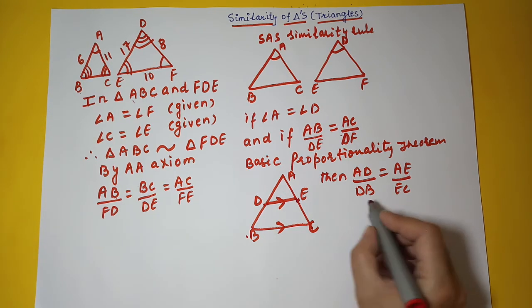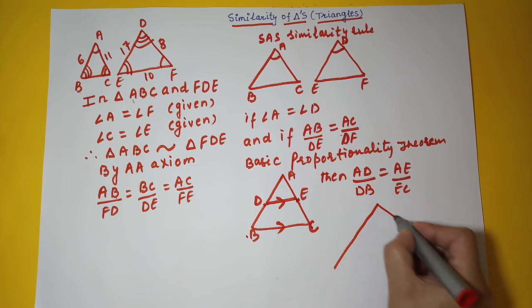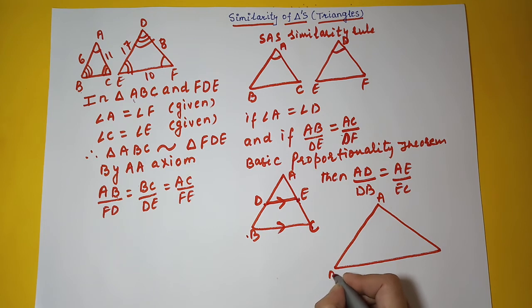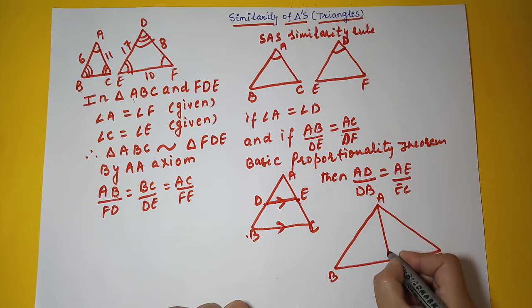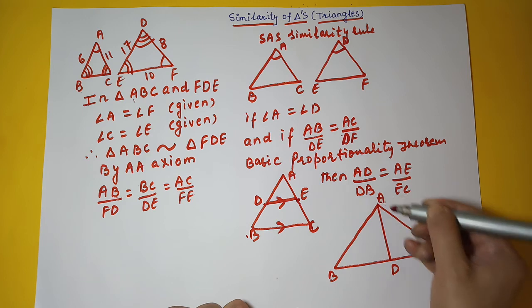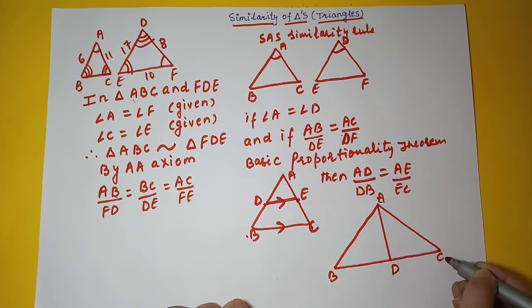Okay. Then one more theorem is, suppose you have a triangle like this, right? And you have AD here, which is passing from this vertex and falling on the base BC.